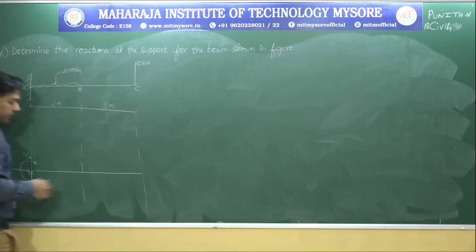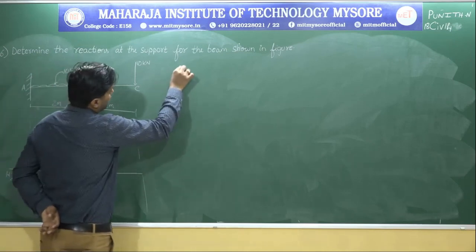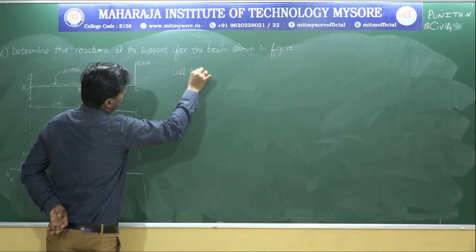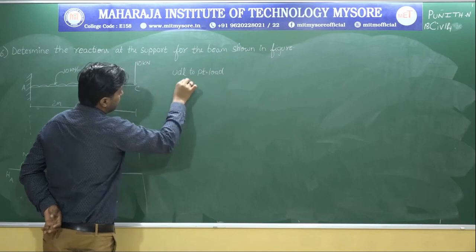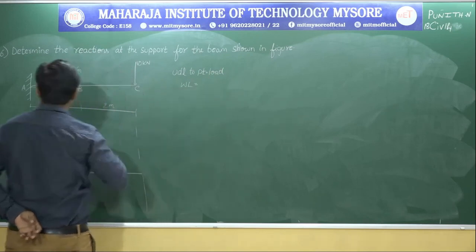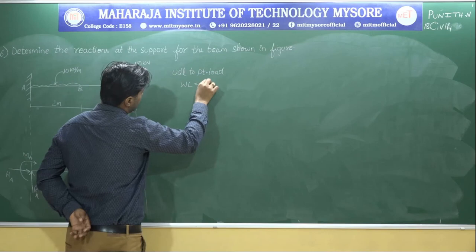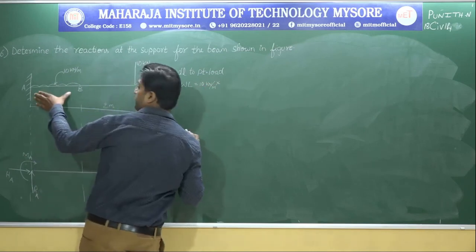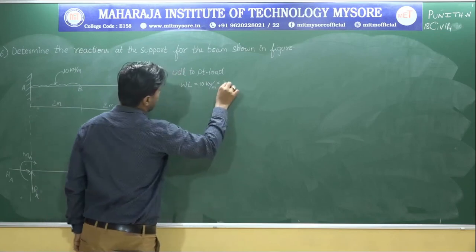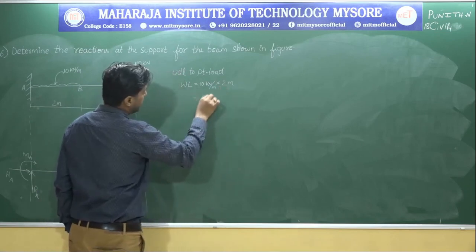Okay. So now I want to convert that UDL to point load. How to convert UDL to point load? It's W into L. So what is the value of W? It's 10 kilonewton per meter into, what is the span for which it has been distributed? So it is 2 meter. Meter get cancelled. It's 20 kilonewton.